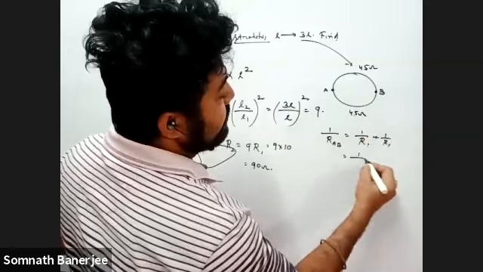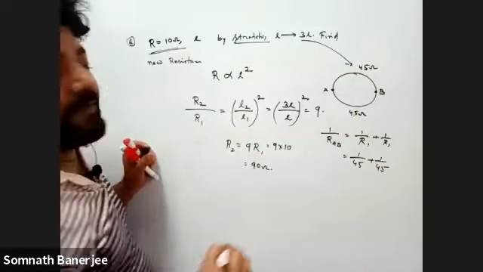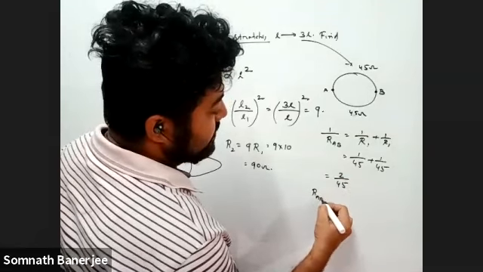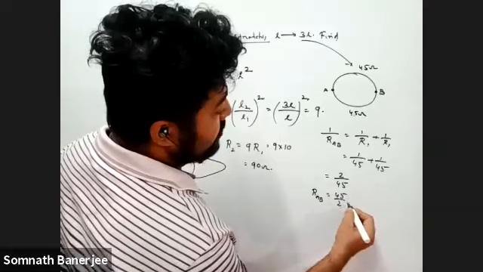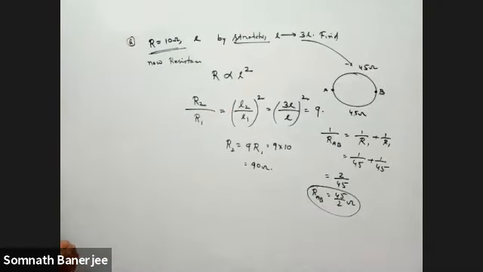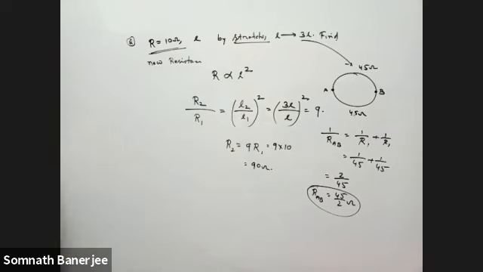So here both are the same, 1 by 45 plus 1 by 45. So what you have is 2 by 45. So R of AB is 45 by 2 ohm. So that one is your answer. Hope you understand what I want to say. This is the type of question they can ask you.